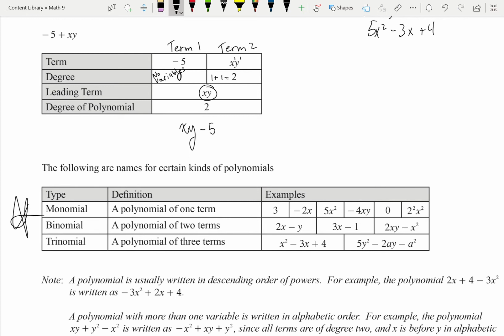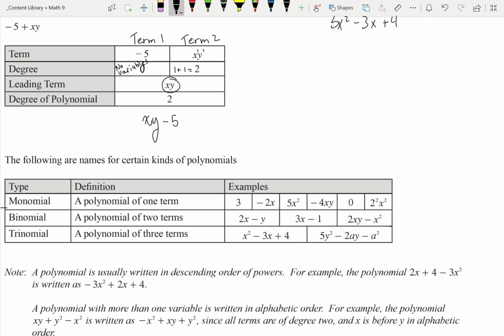But you'll notice the monomials all kind of have the same shape, I'll call it. Binomials look similar in the fact that they have 2 sets of terms, and there's always going to be a plus or a minus in between. This one did all minuses, so we can add one more. So something like x plus y would be a binomial.